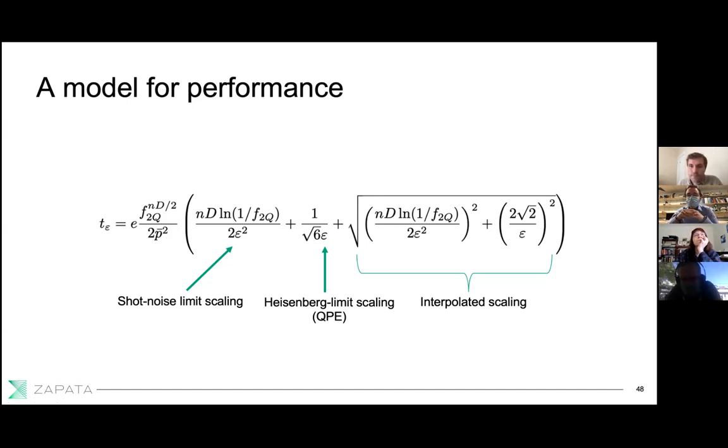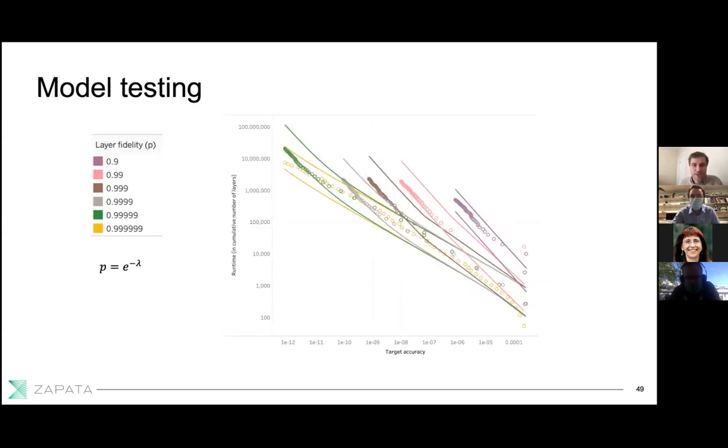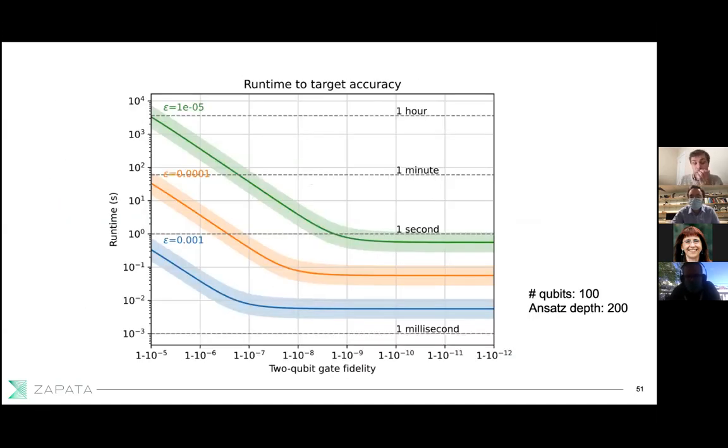You mentioned using this method in a fault-tolerant regime towards the end. Have you looked at what the runtimes would be like under those assumptions? Yes, excellent question. Maybe you might have caught that, looking at these 2-qubit gate fidelities, it's very unlikely that you'll be able to implement these with physical gates.